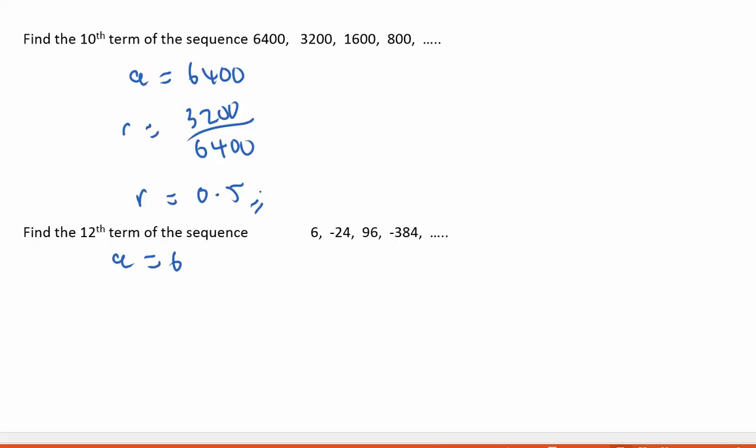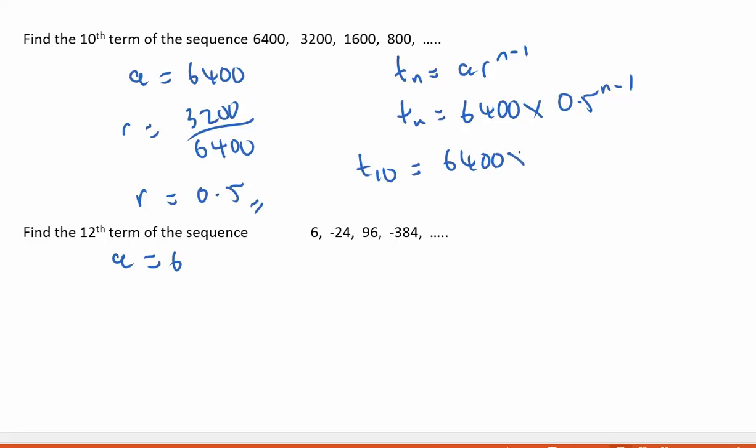Now at this point I can make use of the equation. So if I want to find the 10th term, and if we plug that in, that will give us 12.5.